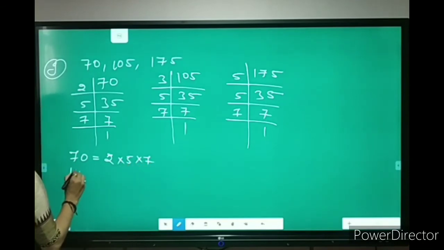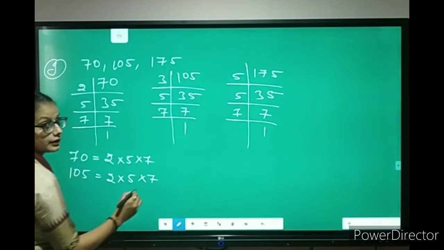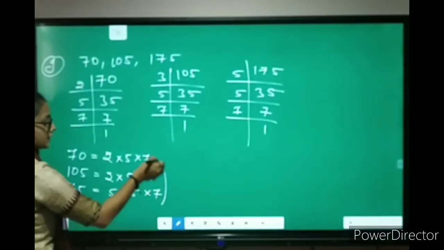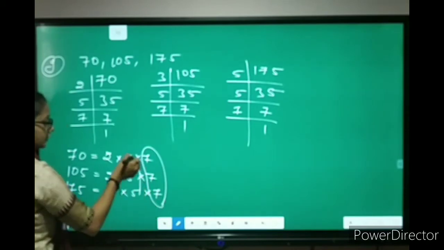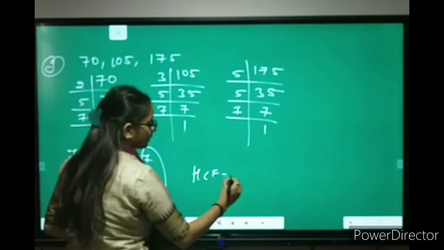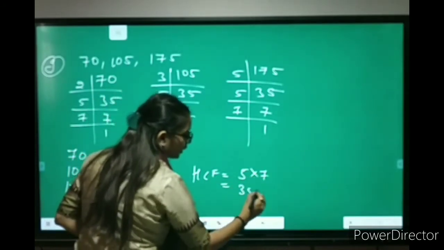Factors of 105 equal 3 multiplied by 5 multiplied by 7. Factors of 175 equal 5 multiplied by 5 multiplied by 7. Common factors are 5 and 7. So the highest common factor, HCF, is 5 multiplied by 7 equals 35.